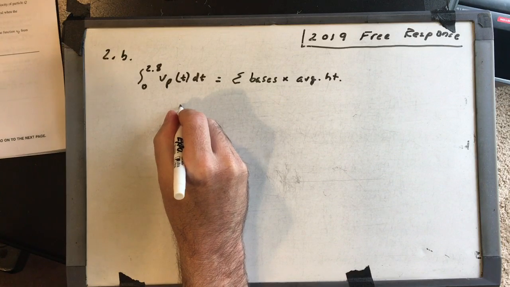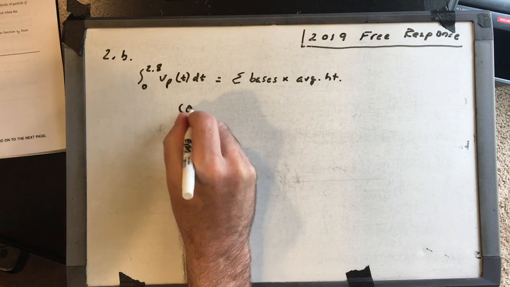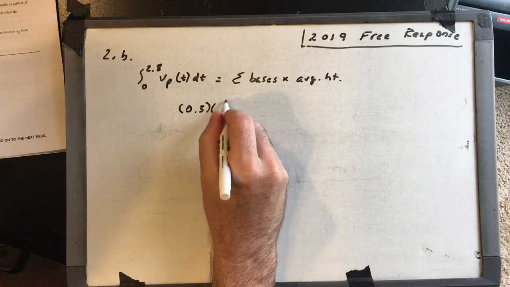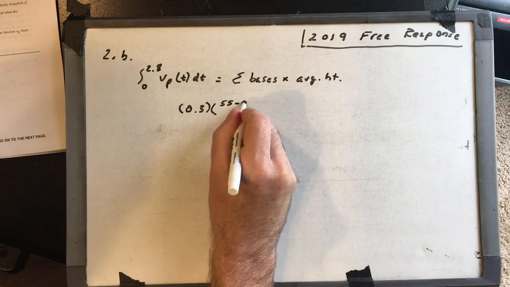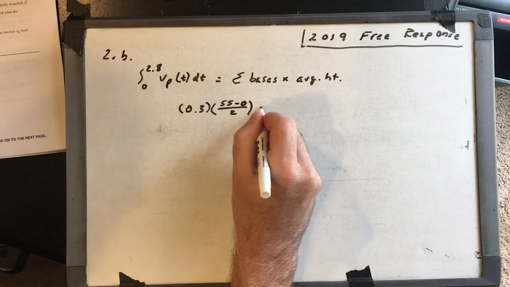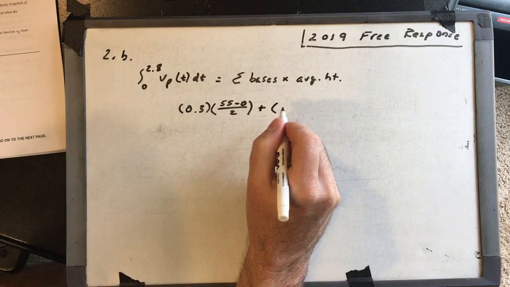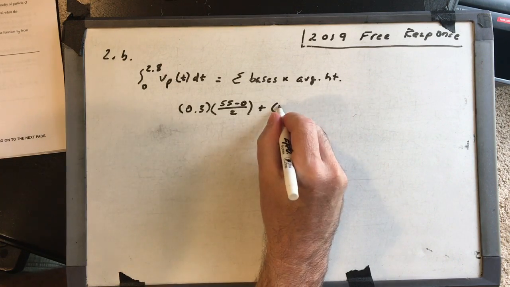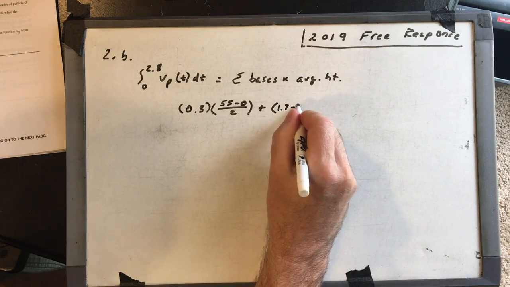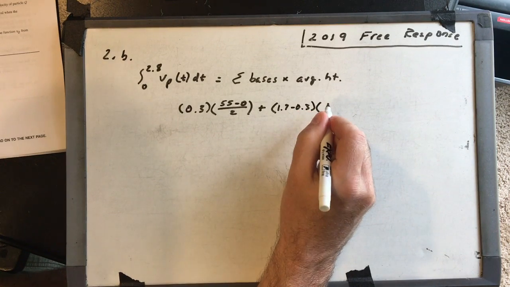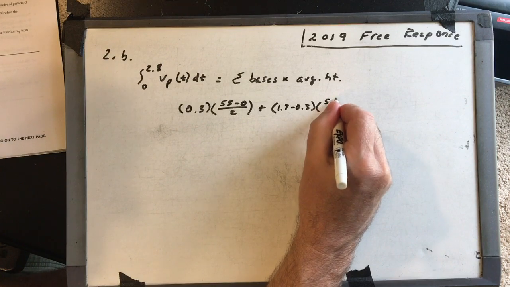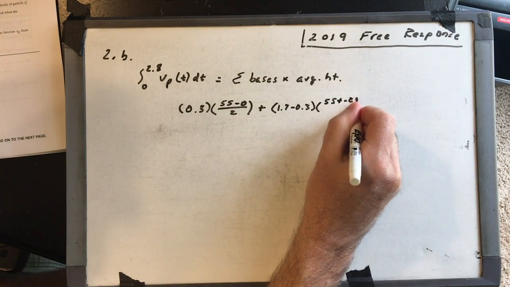Our first base is 0 to 0.3, so 0.3, and our average height would be 55 minus 0 over 2. Our second base goes from 0.3 to 1.7, so 1.7 minus 0.3, and that's times 55 plus negative 29 over 2.